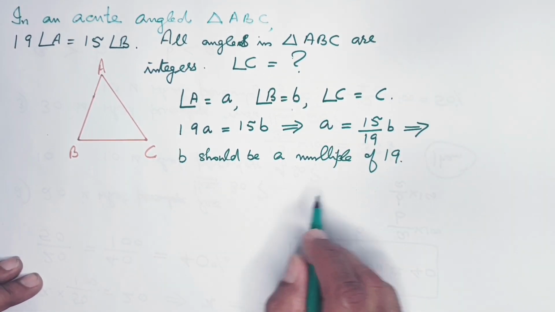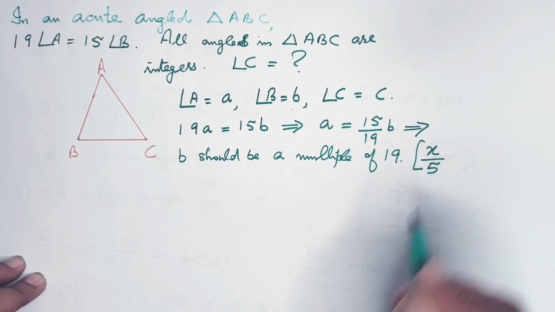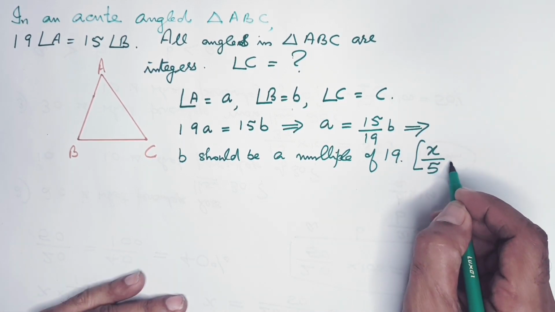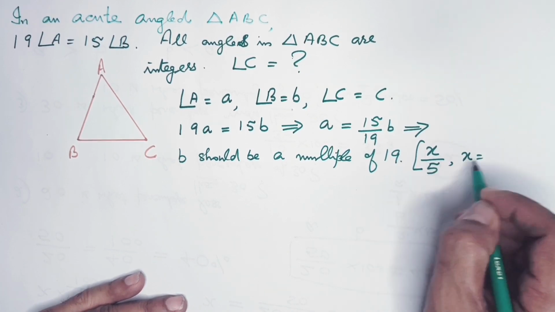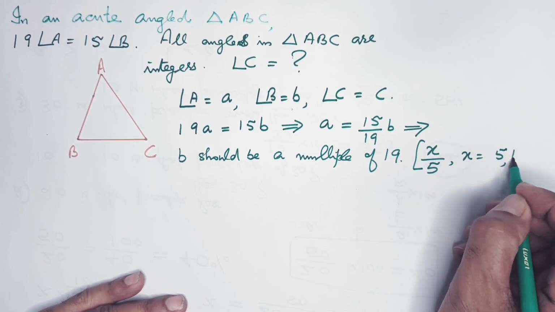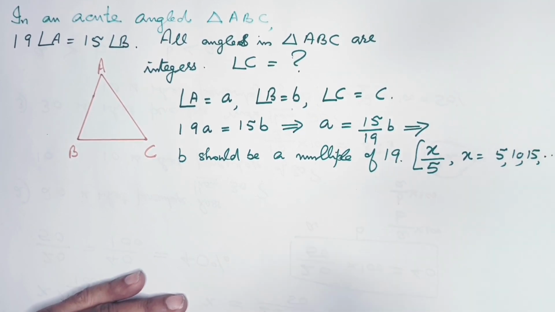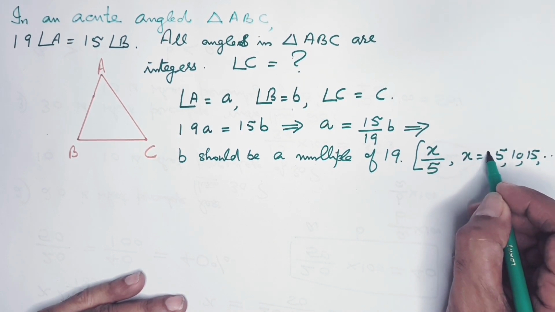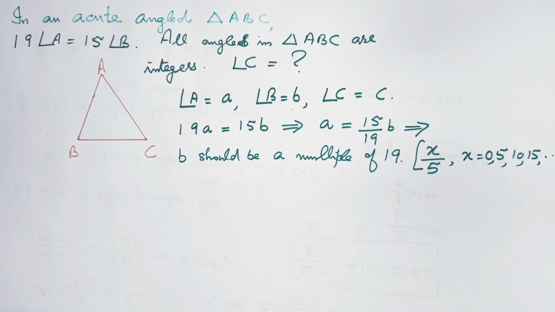See, for example, if I say x by 5 is an integer, where x is a variable, what are the possible values of x? It could be multiples of 5: 5, 10, 15, and so on. Obviously, 0 is also one possible value of x, because 0 divided by 5 is 0, and 0 is an integer.